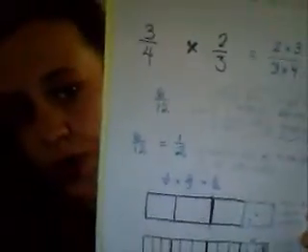Remember to simplify before you say goodbye. And we can just look at that. We don't need to worry about finding highest common factors or anything else. We can just look at that and say, I know that 6/12 is equivalent to 1/2, which is the simplest form I can make that fraction.